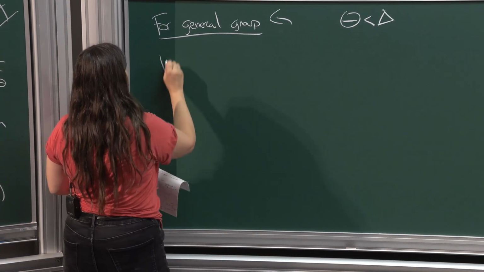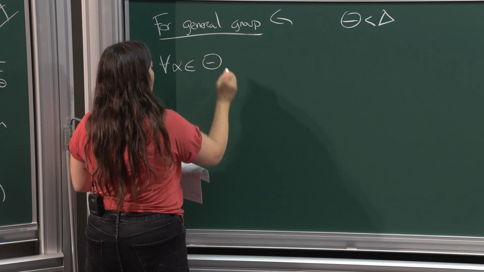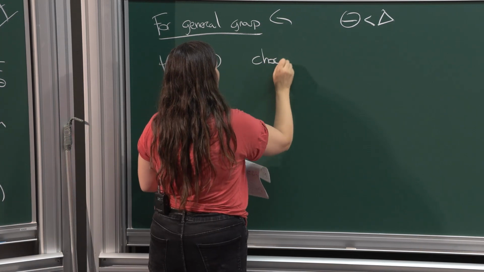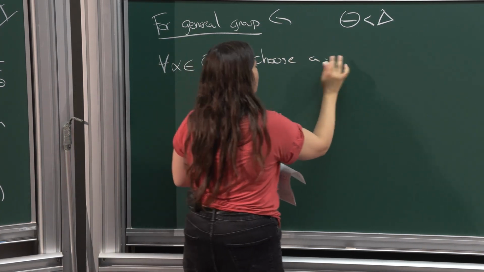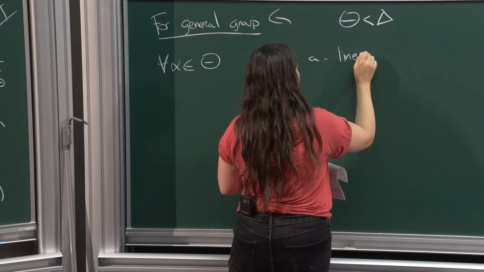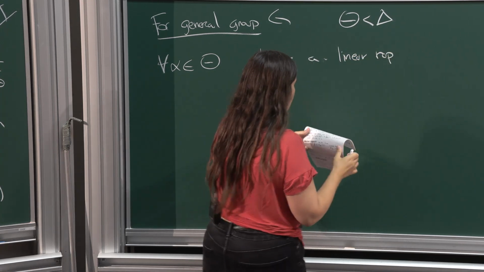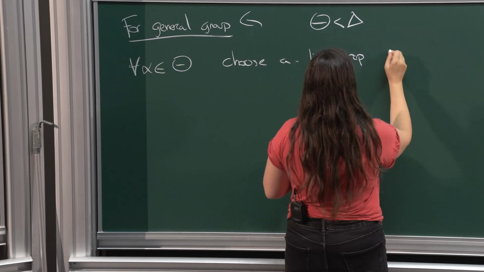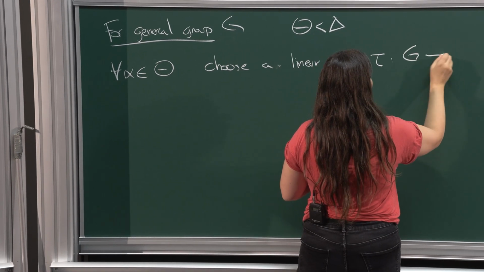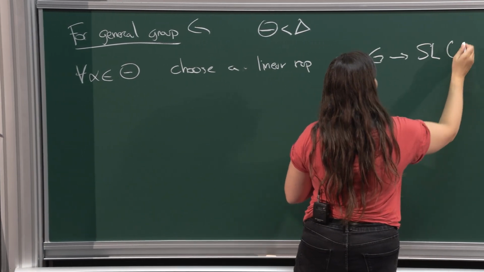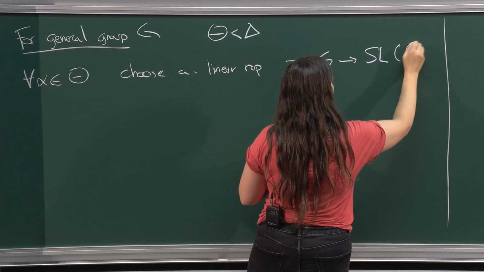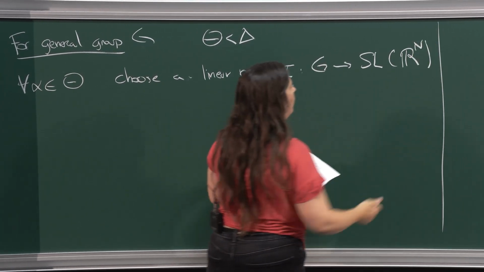Then for any alpha in theta, we choose a linear representation, pretty much as Natalie was doing this morning, maybe tau from G to SL(R^n).